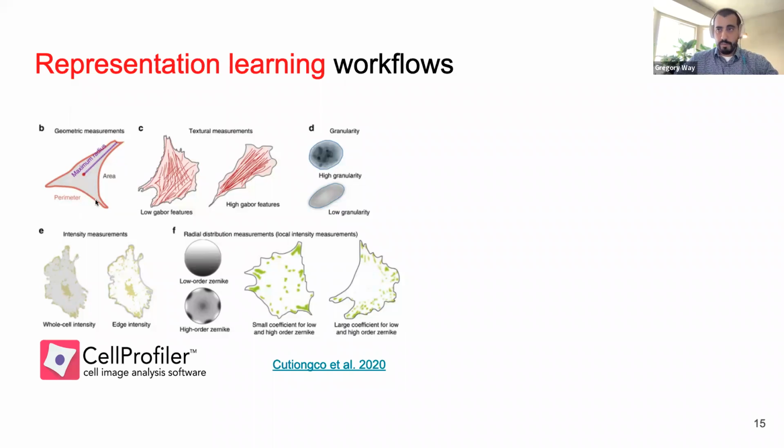It's going to describe perimeter, area, shape-based features, texture features, granularity features, so how speckly are cells, the various intensity measurements, if you're looking at fluorescence microscopy, not only the intensity of the stain, but also the distribution of the stain. And then also these other radial distribution-based measurements, which are kind of where the staining patterns are aggregated within a single cell.